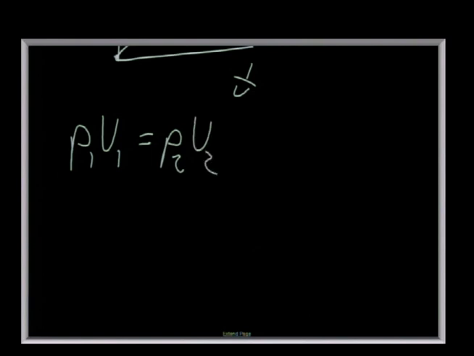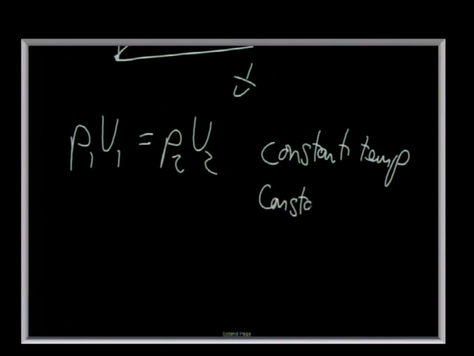Now, that we would recognize has to be at constant temperature, and for a constant or fixed mass of gas. So those are the two variables that are being kept constant. If you've got that very clearly in your mind, as you go through your notes, make sure that you understand that Boyle's law is very important.